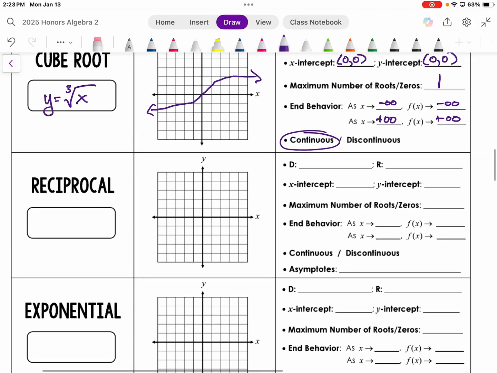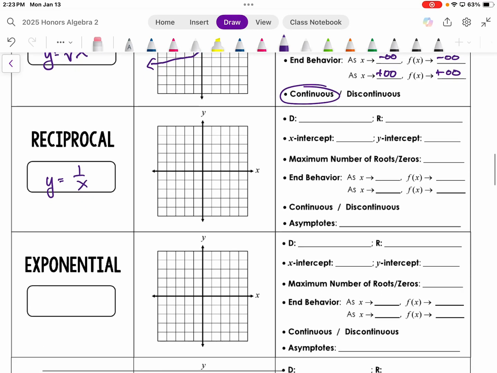Reciprocal. Y equals 1 over x. That's the reciprocal graph. What does this graph look like? It is graphed in quadrants 1 and 3. If you forgot, the quadrants are 1, 2, 3, 4. So here's what the graph looks like.